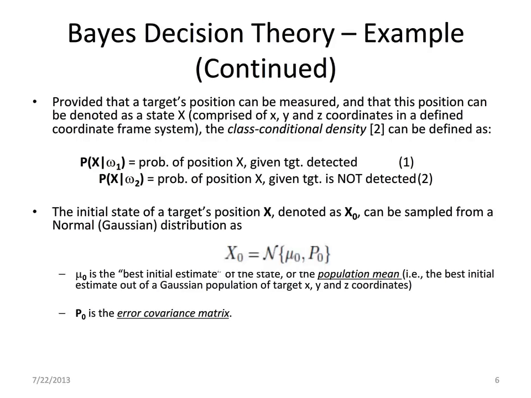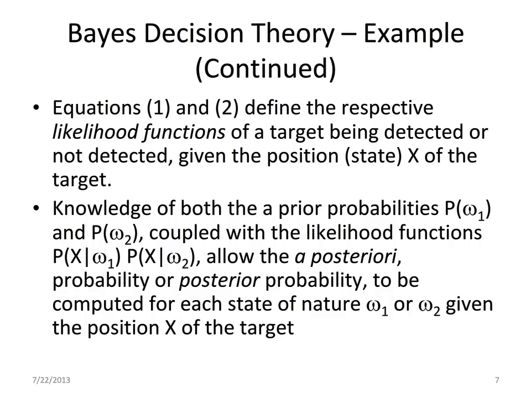There are probabilities associated with that. The posterior probability we're calculating is the probability of target state x given the state that a target is either detected or not detected. And just to note that the detection threshold is a k out of n criterion. As I mentioned previously, a binomial distribution, at least from my knowledge of secondary surveillance radar systems, and perhaps other systems work that way as well.